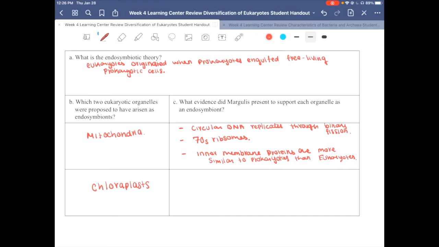All right, I'll just tell you guys because it's very similar to the last answers you gave me. Similar to above, they also have their own circular DNA. They also have the 70S ribosome, and also in the chloroplast, they noticed that the inner membrane proteins are more similar to prokaryotes than eukaryotes.